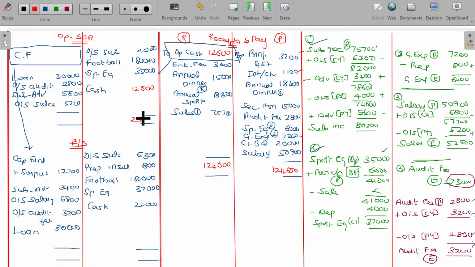So 2,31,600, and capital fund being the balancing figure, 1,88,000. Transfer here 1,88,000. What is the total of the balance sheet? It is 2,44,000. Are you able to get this? Come on, text me.